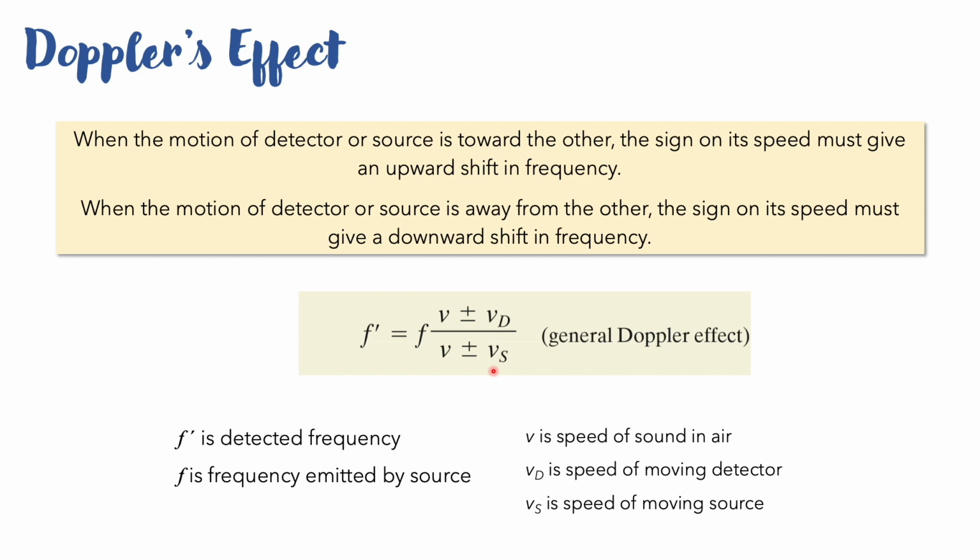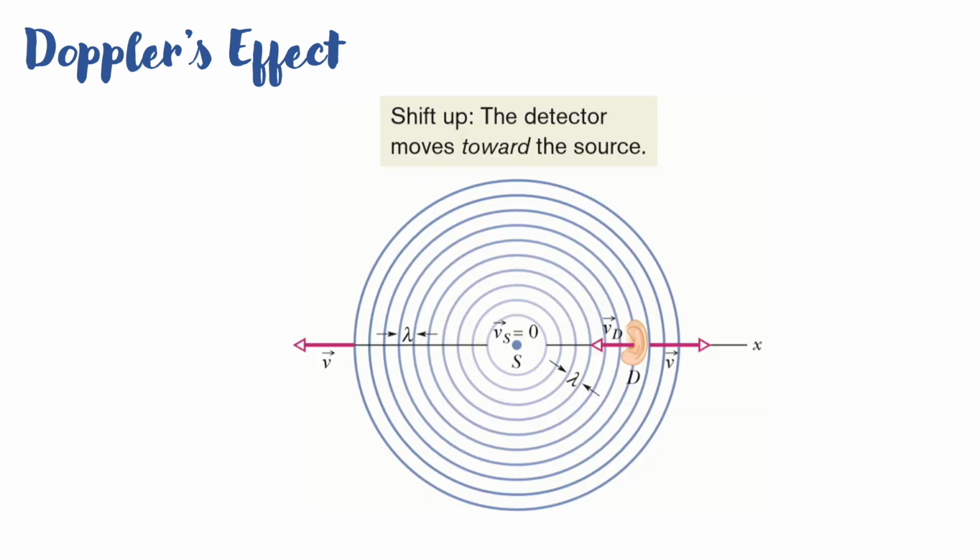Okay, so this plus minus, we have to choose one of these signs depending on the relative motion of the detector and the source, right? You will see how and which sign we can choose.